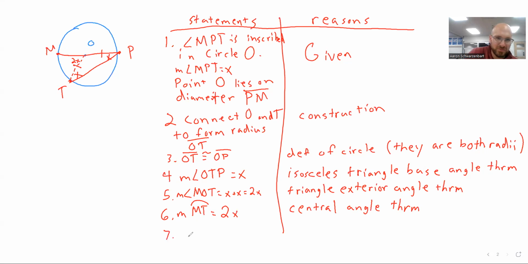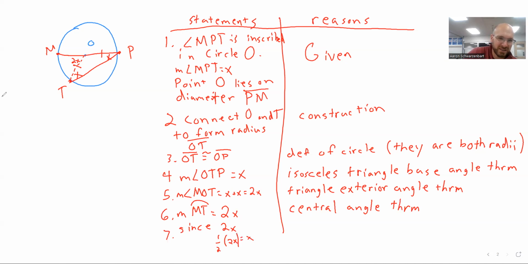So notice that 2x is twice x, right? So I'm trying to prove that this angle MPT is half MOT. So if that's 2x and it's x, 1/2 of 2x equals x.